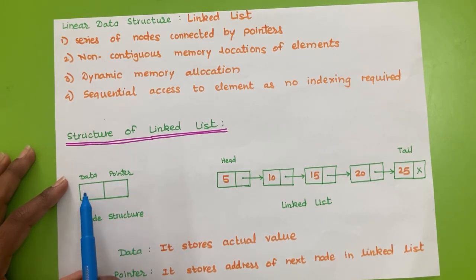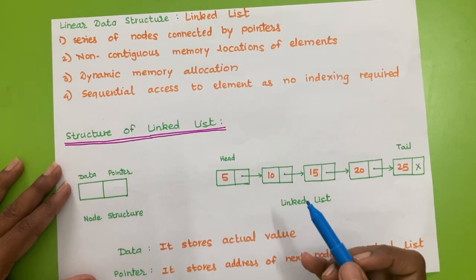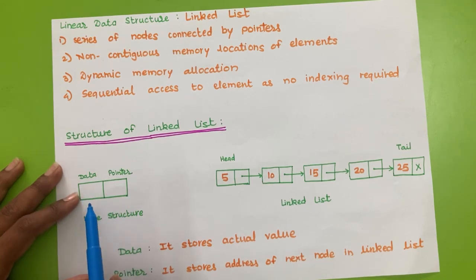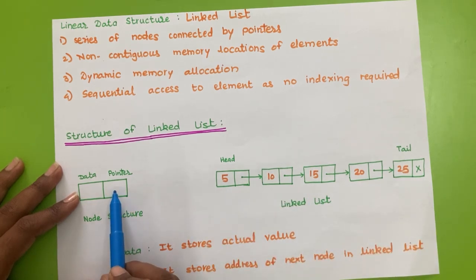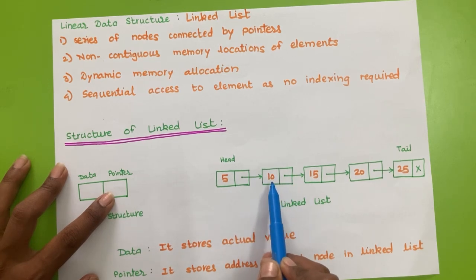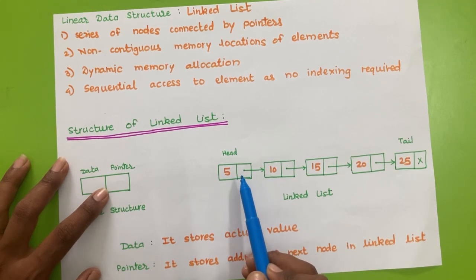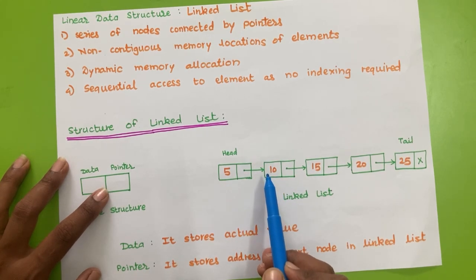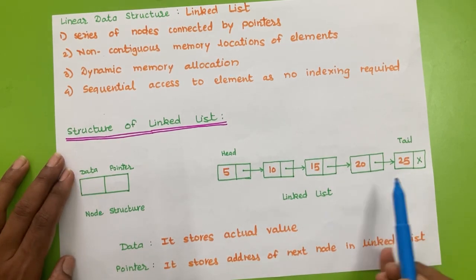The data part stores the actual value, means the actual element is present in the data part. The pointer field stores the address of the next node in the linked list, because when we want to traverse from the first node to the next node, we must have an address, since this is not a contiguous memory allocation.